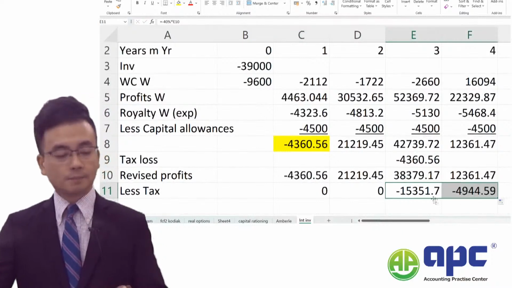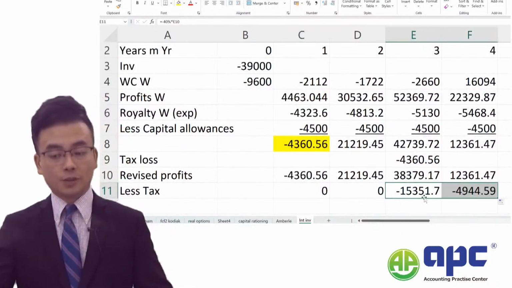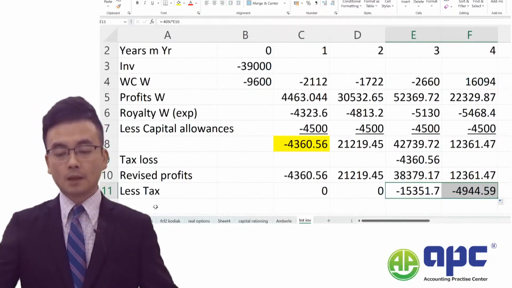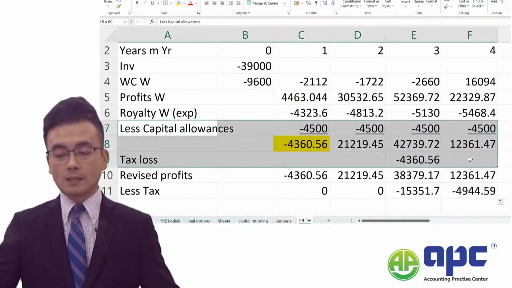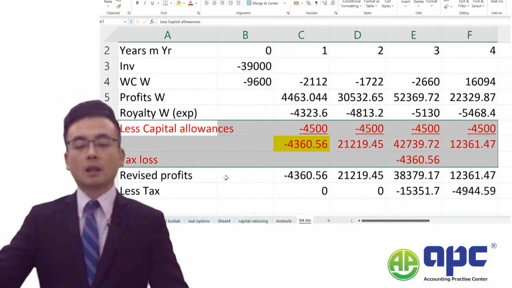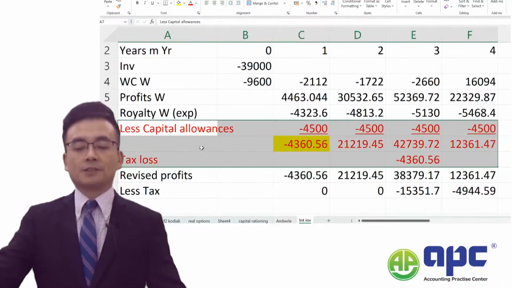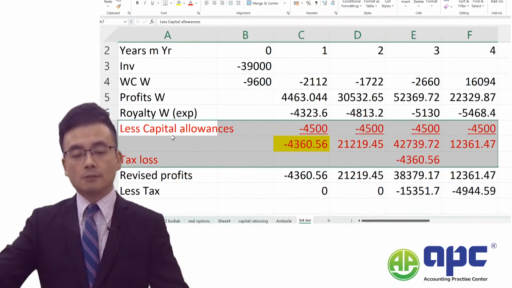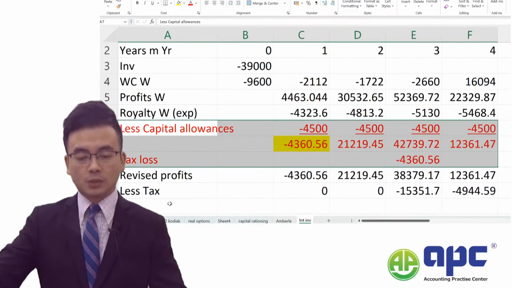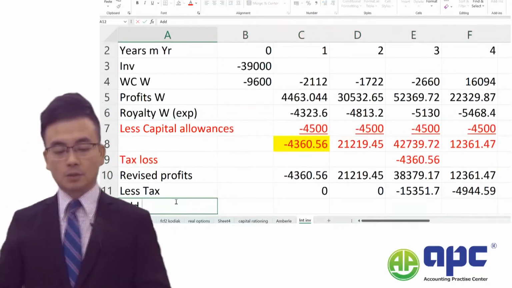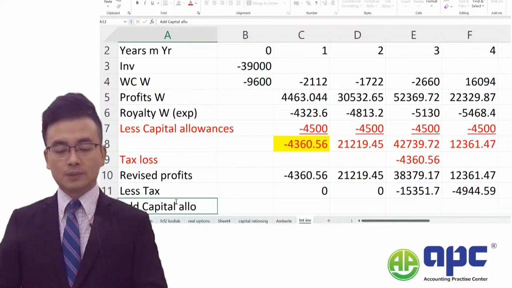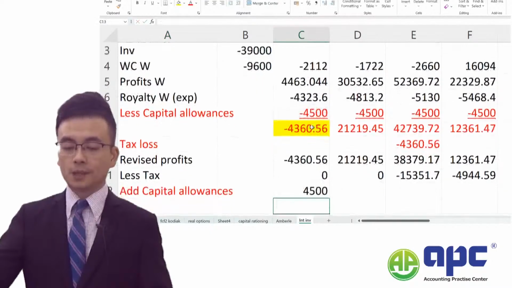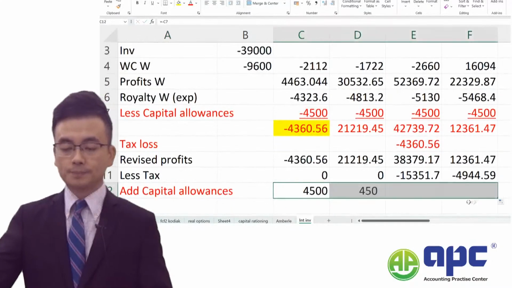So we need to pay tax on profit by these two amounts. Now remember, we deducted capital allowances, but capital allowances are not cash flow, so they will not reduce cash by that amount. That's why we need to add them back, which means equals minus that amount.